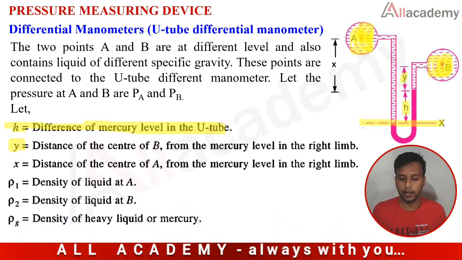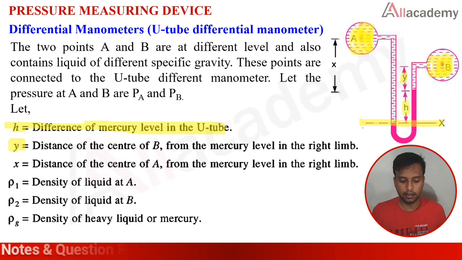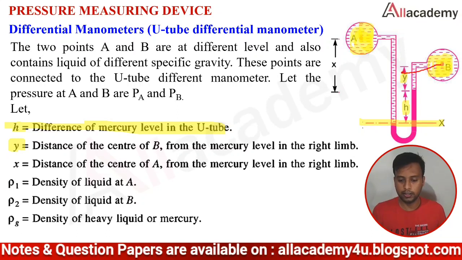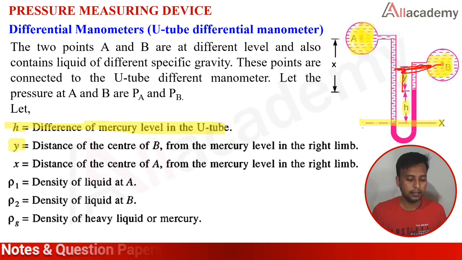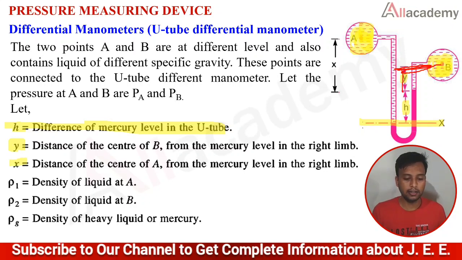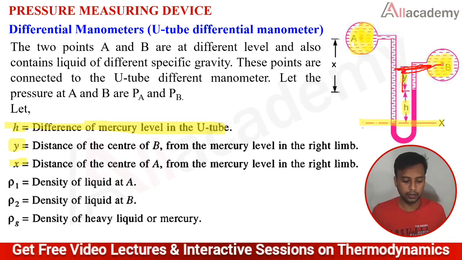Similarly x is the distance from the center of point A to the datum line, or this mercury line.